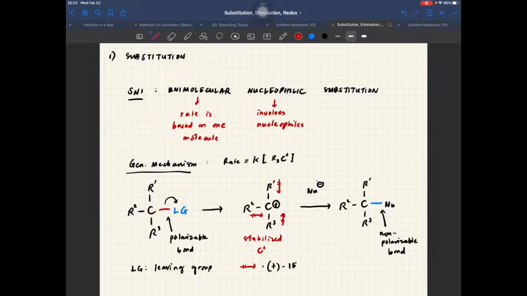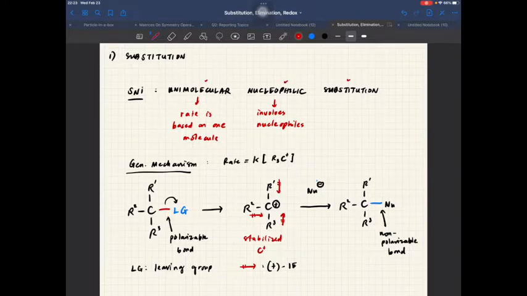First, the unimolecular substitution reaction is a reaction that occurs for bulky alkyl halides and alcohols. When we say bulky, we are referring to tertiary alcohols or alkyl halides. The term Sn1 refers to unimolecular nucleophilic substitution.